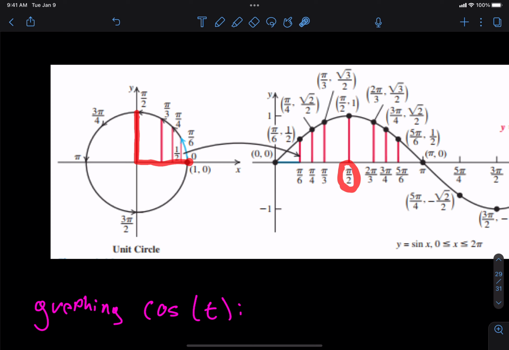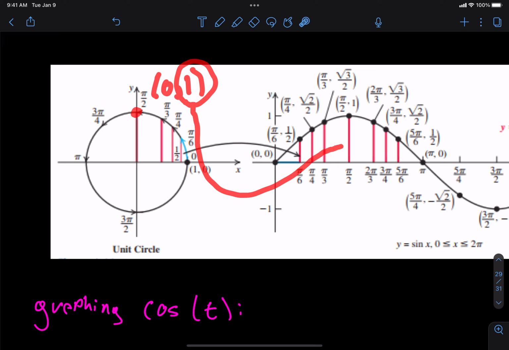This angle points at a point on the unit circle, this point right here. So I check, what are the coordinates of this point? The coordinates are 0, 1, right? Since sine's job is to give us the y coordinate, I take that y coordinate, which is 1, and that's exactly how tall I make the graph, 1 unit tall.